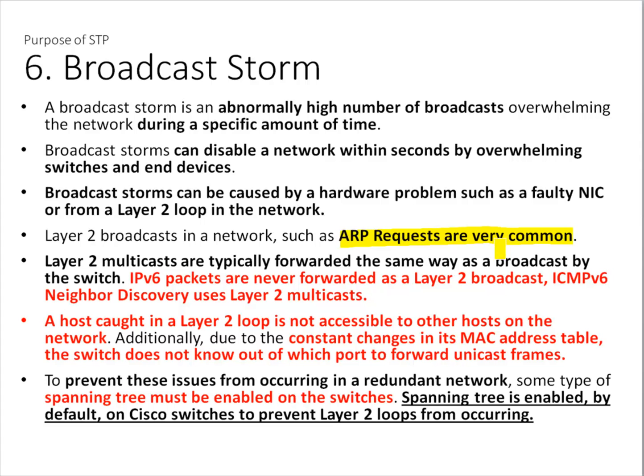Also, some failures, such as a hardware problem like a faulty network interface card, or some loops, may create the broadcast storm. Multicasting also, not only the broadcasting concept, can create a broadcast storm in the switches. If you go for IPv4 networks, we have these issues.